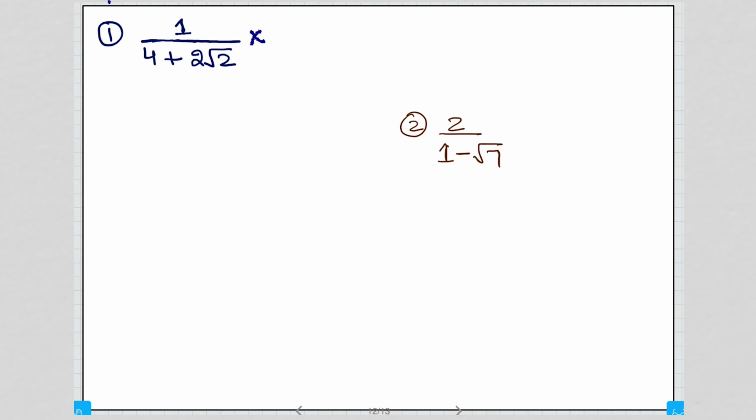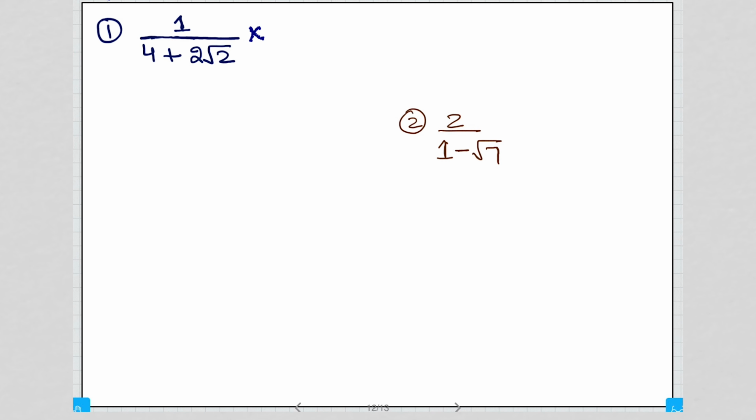If you have a question where you have just a number with a plus sign and a surd form, what we need to do is times the top and bottom with the denominator, but one different thing in this one is, for 4 plus 2 root 2, we need to change the sign.